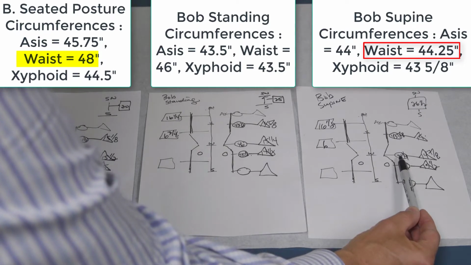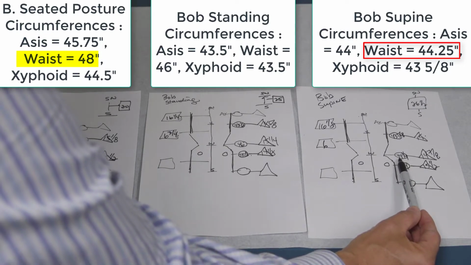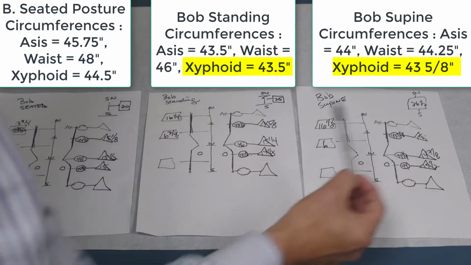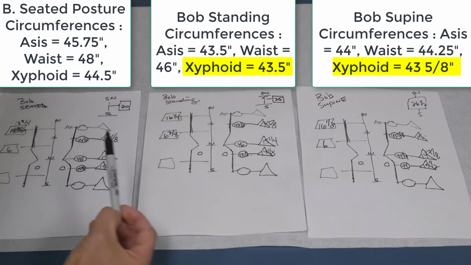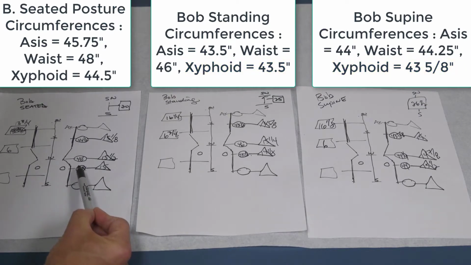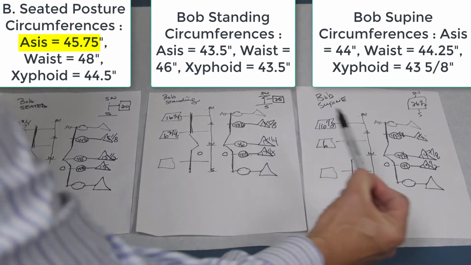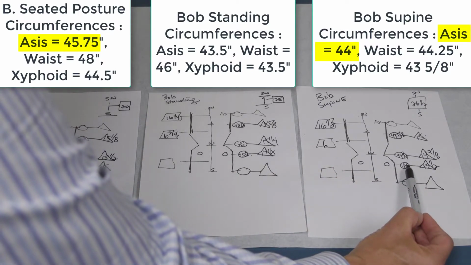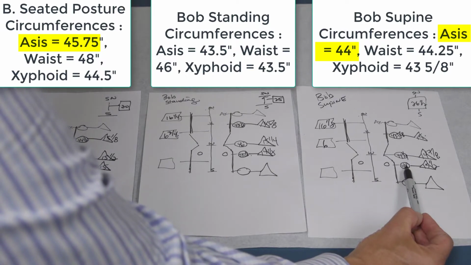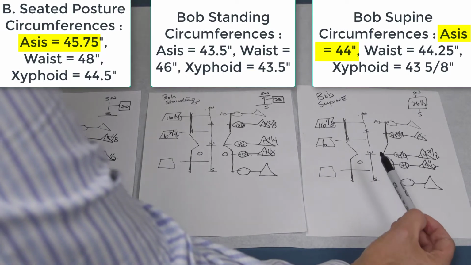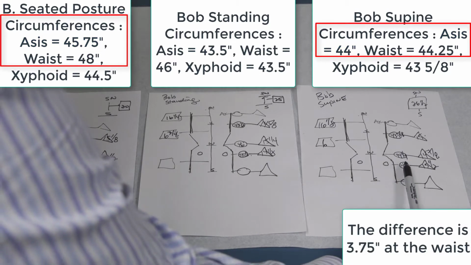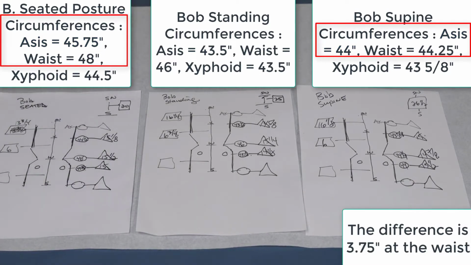And the xiphoid overall doesn't change too much from the standing to the supine, but we can also point to the ASIS difference. When Bob is seated, we have 45 3/4 down to 44 in circumference in the supine position. So that's a difference of almost 2 inches. So we changed 4 inches at our waist and almost 2 inches at the ASIS in terms of circumference.